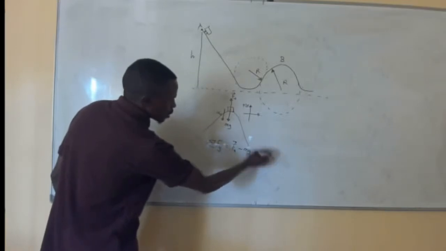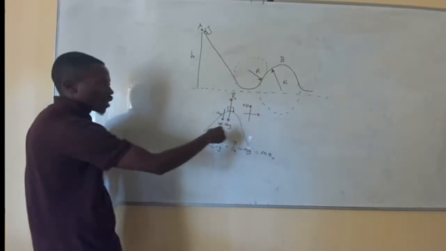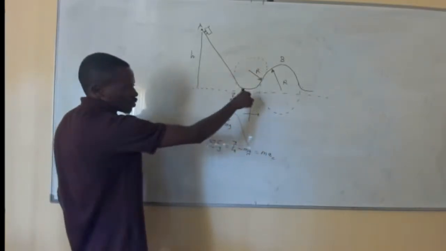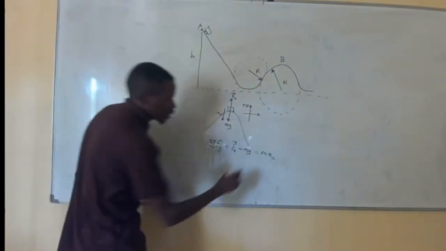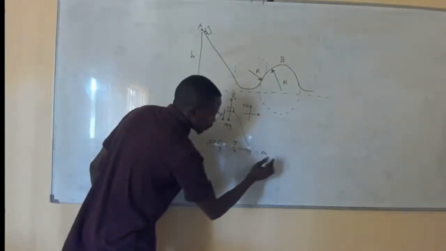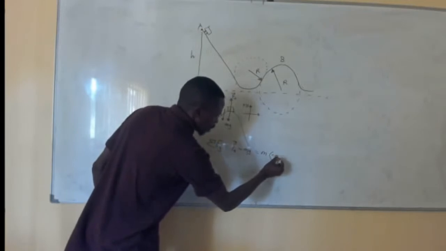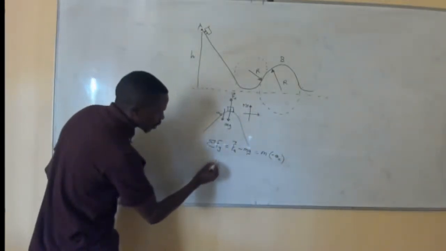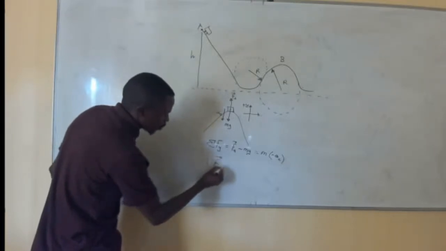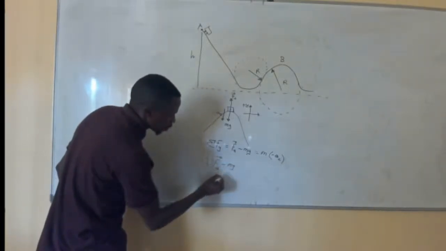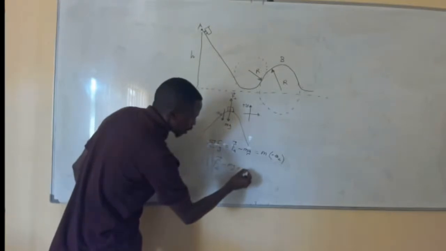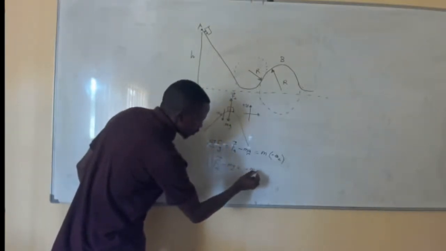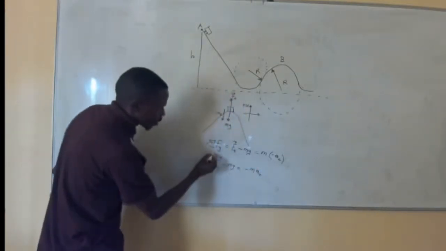However, remember that it's negative since it's pointing downwards, and we've chosen upwards to be positive, so downwards is negative in this case. So our acceleration should be negative a_c. Therefore, the normal force minus the weight, which is mg, should give us the mass times the circular acceleration.